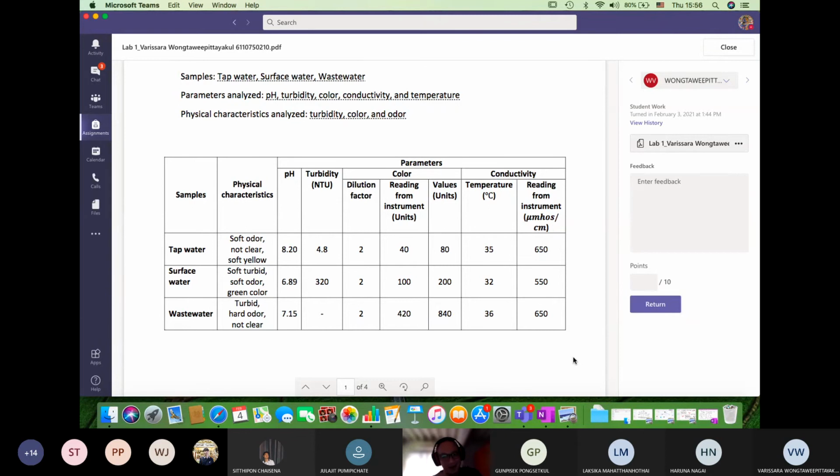So maybe this may not be a good discussion, talking about conductivity with the conditions for aquatic organisms. Maybe there are some other points, but you can compare with other sources. That would be better if you want to discuss conductivity. And what else?